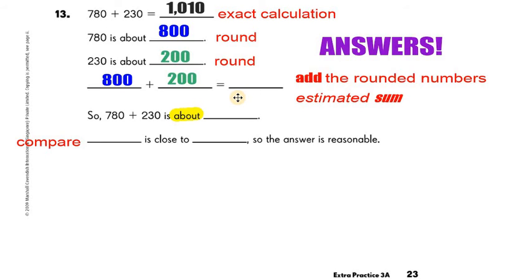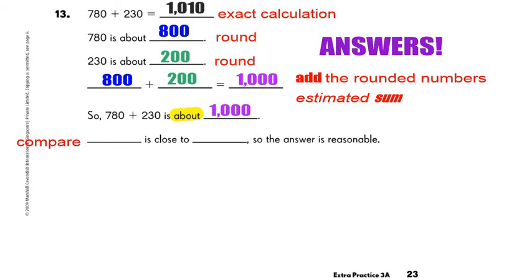And I know that that makes 10 hundreds. 10 hundreds is 1,000. When I add this together, I now have an estimated sum. So 780 plus 230 is about the estimated sum 1,000.